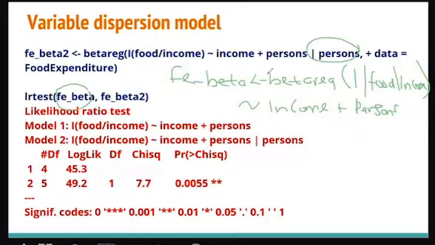So for those of you here, FE underscore beta is beta reg of one minus food divided by income, in relation to income plus persons. That is a simple model without the vertical bar persons. Does that make sense? That's what I mean.